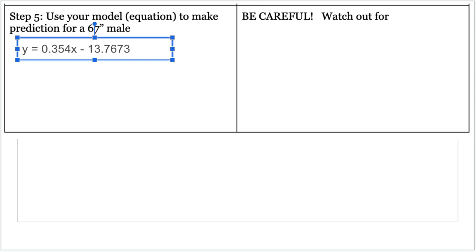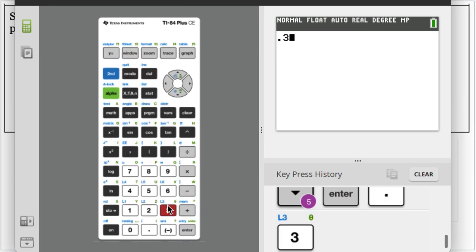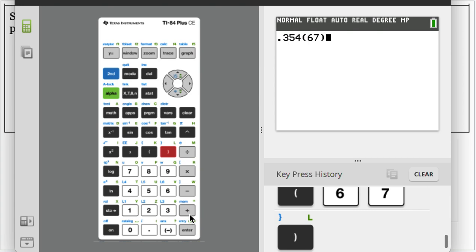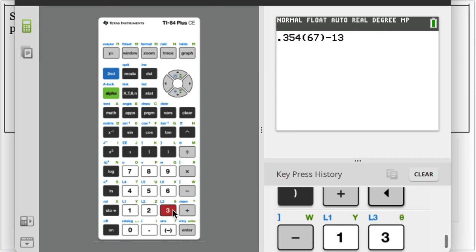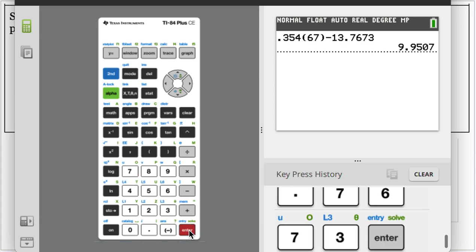So 0.354 times the 67, because the inches in height is your x variable, minus 13.7673, and that gives me a value of 9.9507.